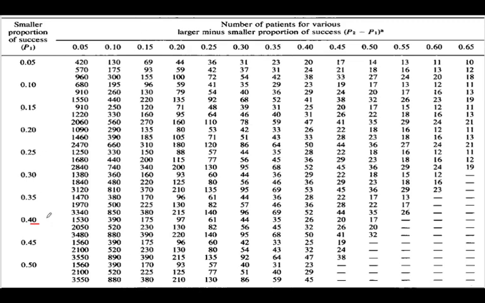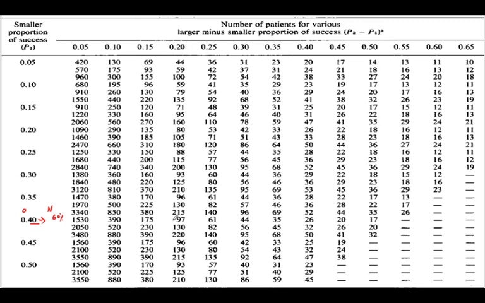So from this value we assume that the 40% initial response of our old treatment will be improved to a 60% response, as mentioned in the question. So the difference is 20%, 0.2, right?